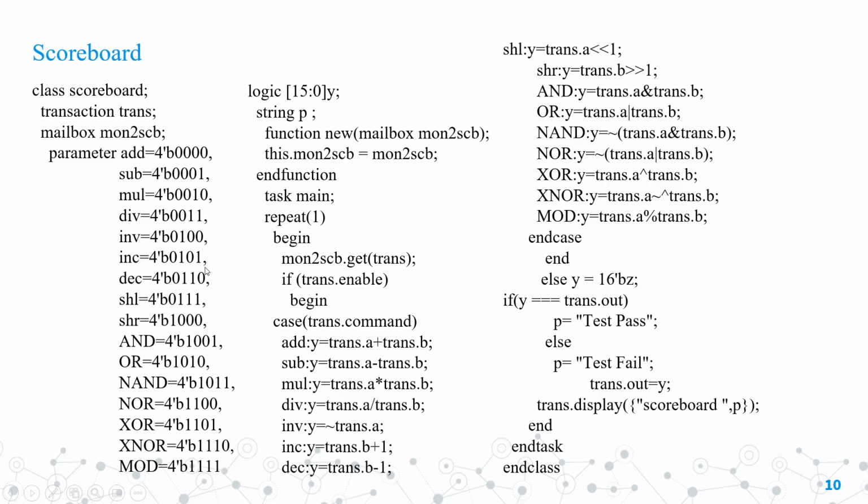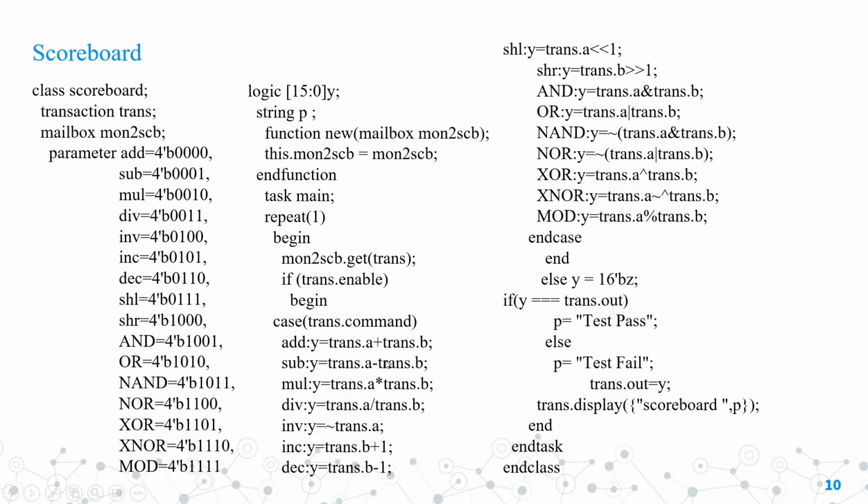Here I am building a reference model for checking whether the outputs from the DUT are correct or not. First, I have parameterized all the functions add, subtract, multiply, and divide by using the parameter keyword. And as in the design, I have used add, sub, all the functions same as in the design.